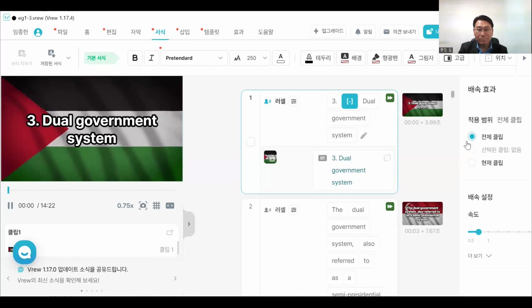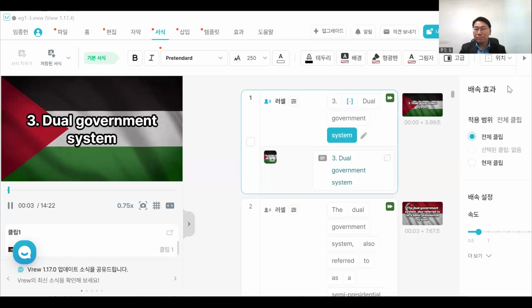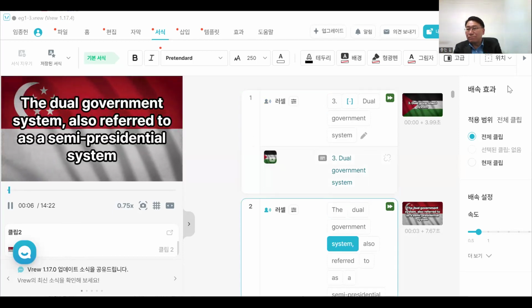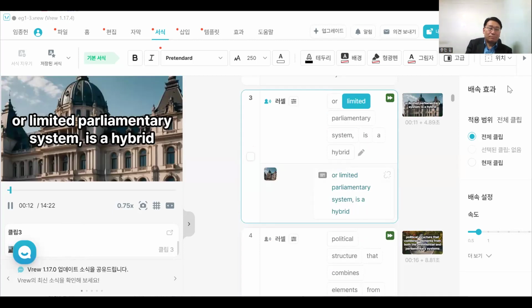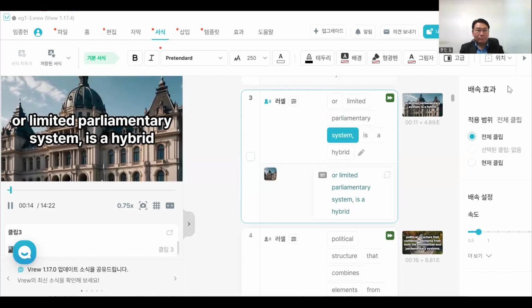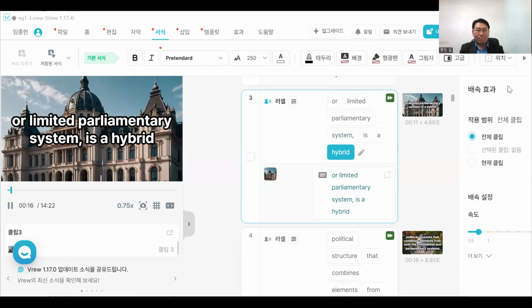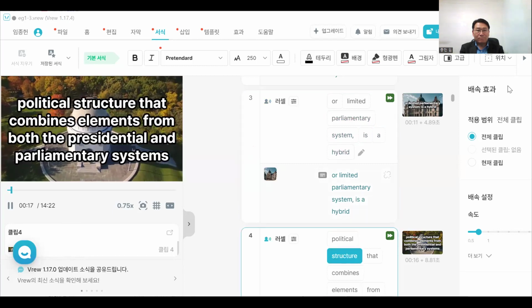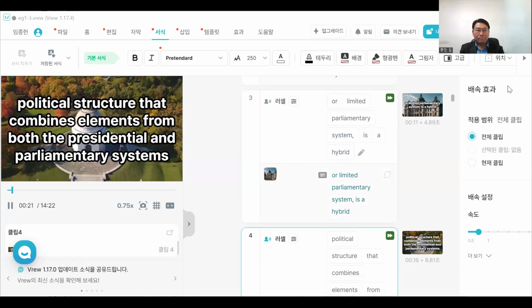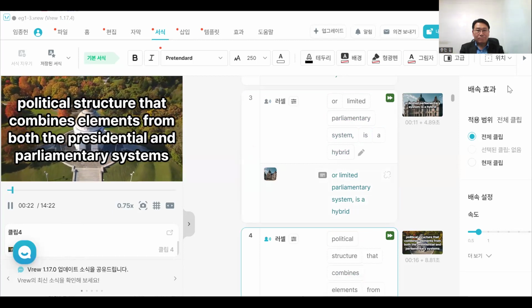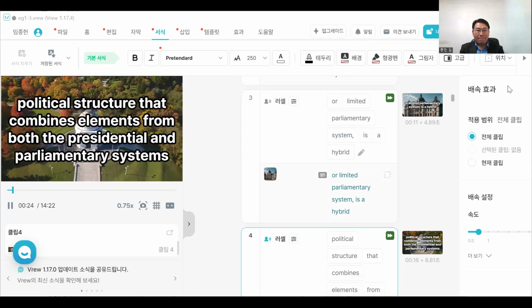3. Dual government system. The dual government system, also referred to as a semi-presidential system or limited parliamentary system, is a hybrid political structure that combines elements from both the presidential and parliamentary systems.